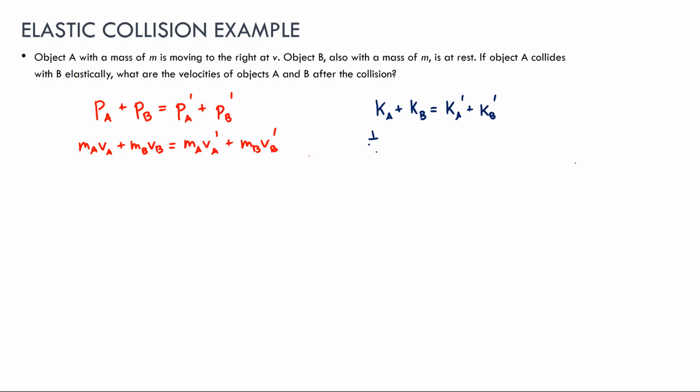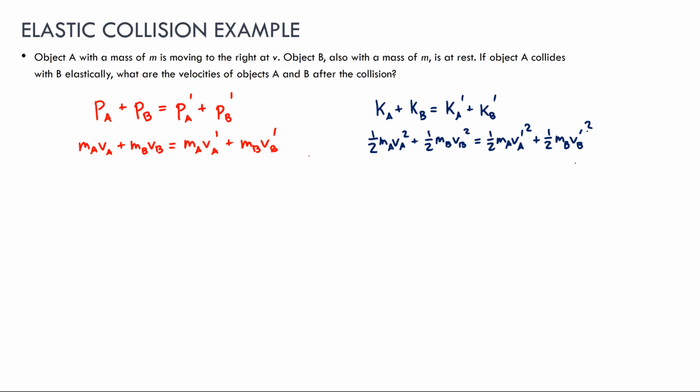That means if I were to set this up, 1/2 m_A v_A squared plus 1/2 m_B v_B squared equals 1/2 the mass of A times the new velocity of A squared plus 1/2 times the mass of B times the new velocity of B squared. That's our system that we have.